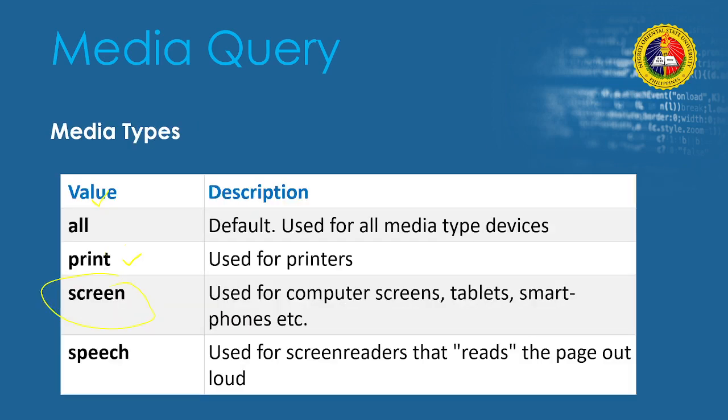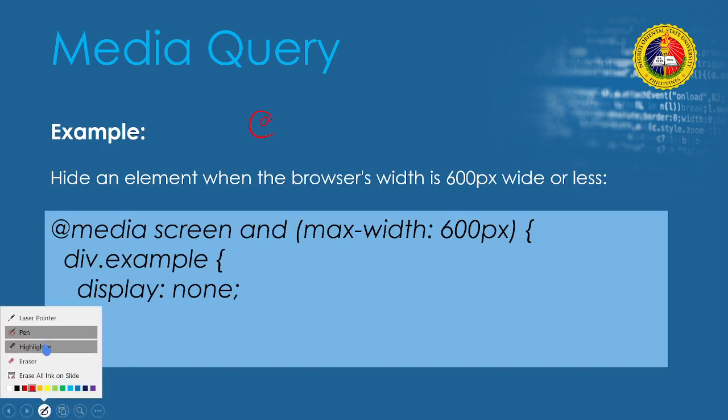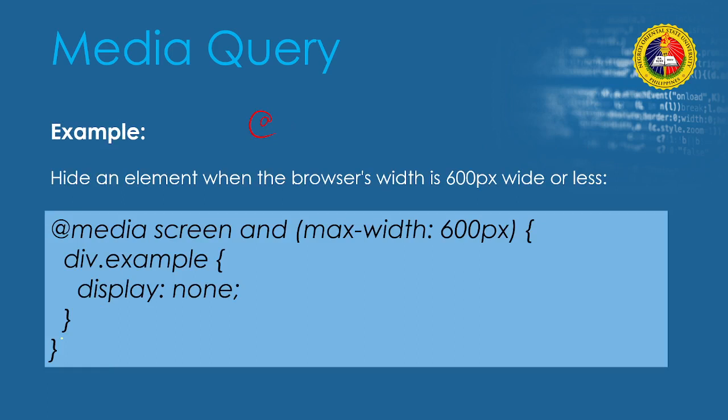So how we're going to write it is, again, @media. This is given, and then screen, because we are trying to display our website in the browser. So @media screen and then we're going to set the media feature.